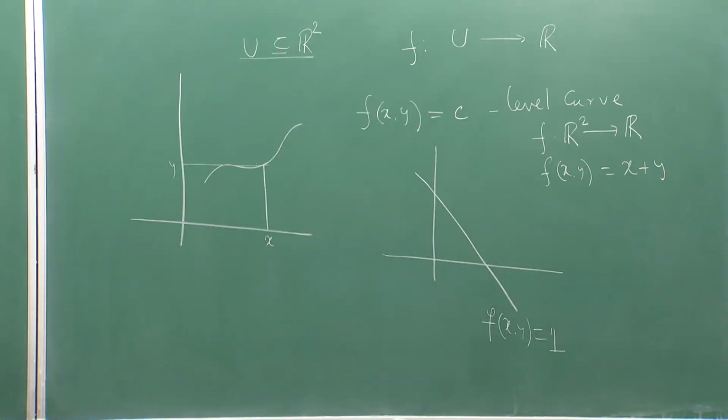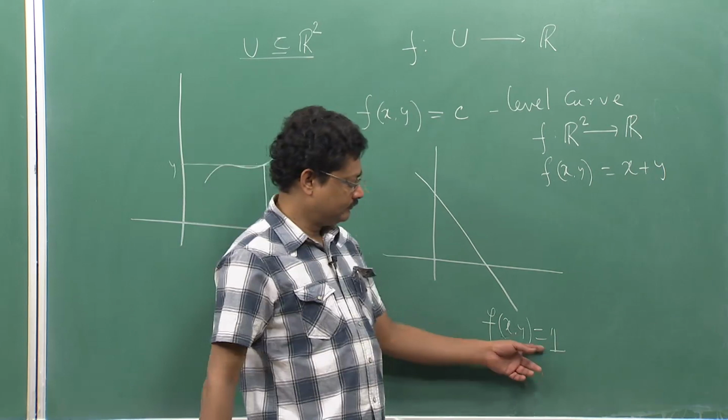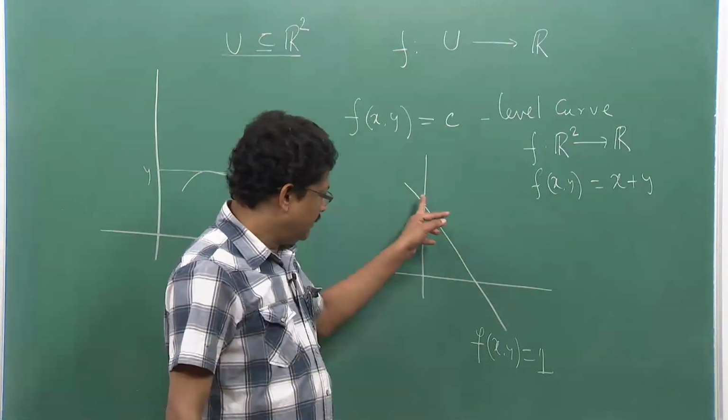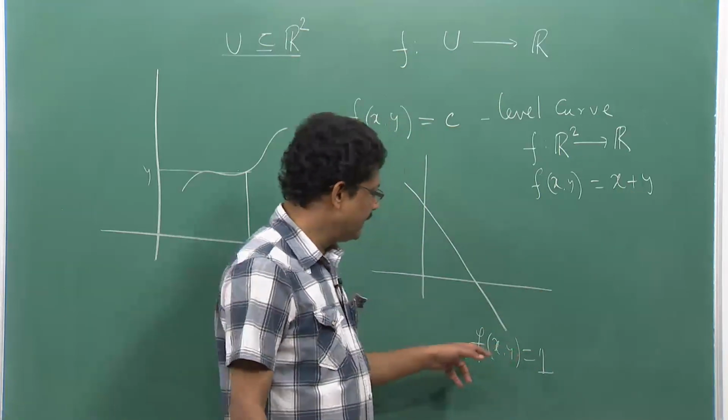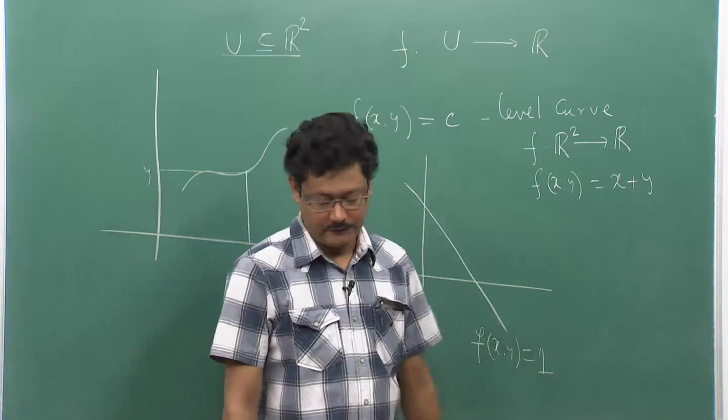So, this is the line x plus y equal to 1, and if you look at the function f(x, y) equal to x plus y, this is the level curve of this function.